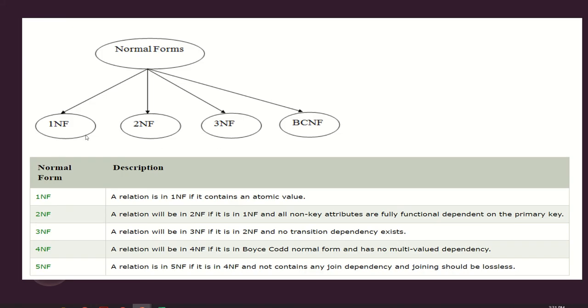Now we have to study some of the most popular normal forms. These four are the most popular: 1NF, first normal form; 2NF, second normal form; 3NF, third normal form; and BCNF, Boyce-Codd normal form. But the main different types of normal forms are 1NF, 2NF, 3NF, 4NF, and 5NF.